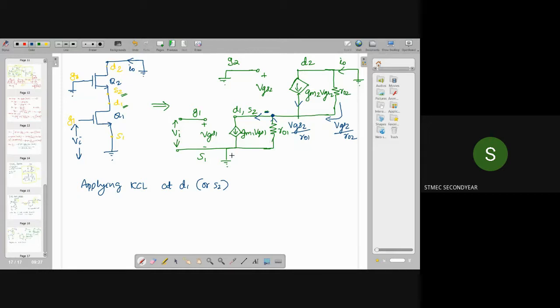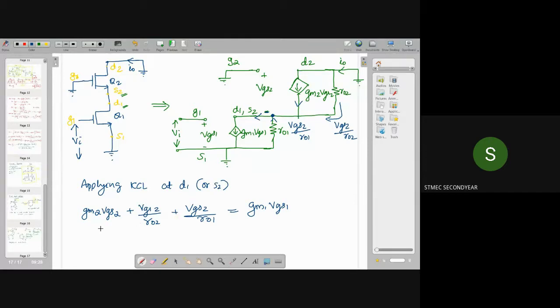So we can write the KCL like this: gm2 into VGS2 plus VGS2 divided by R02 plus VGS2 divided by R01, the currents entering the node, should be equal to gm1 into VGS1, the current leaving the junction.